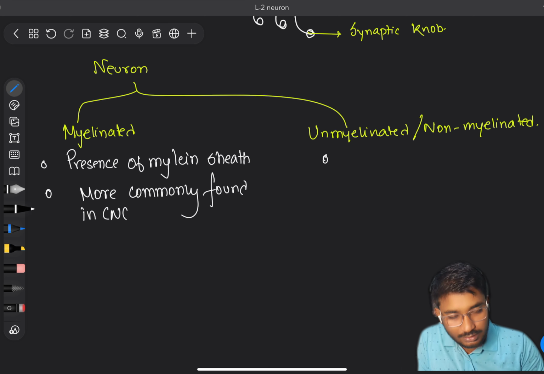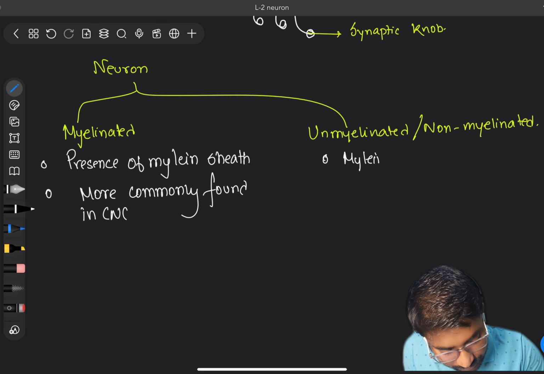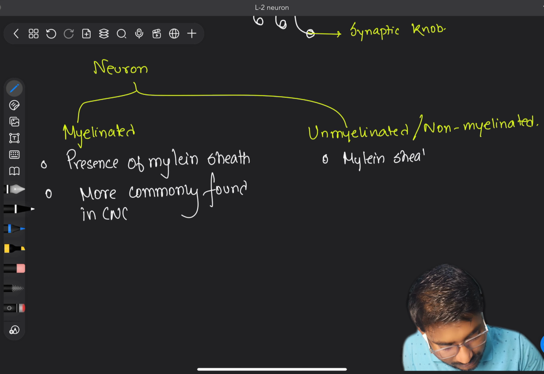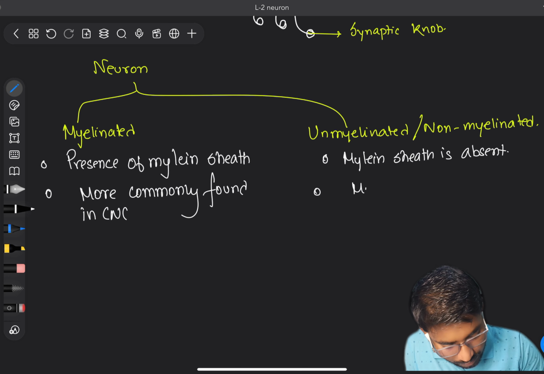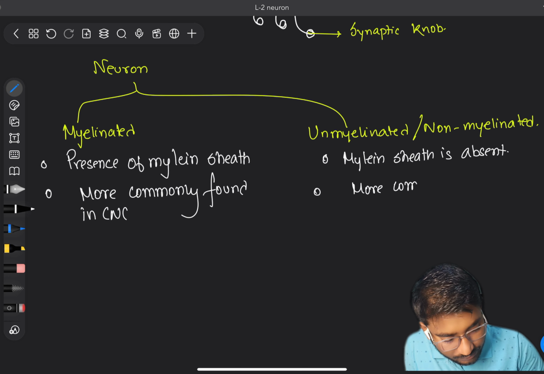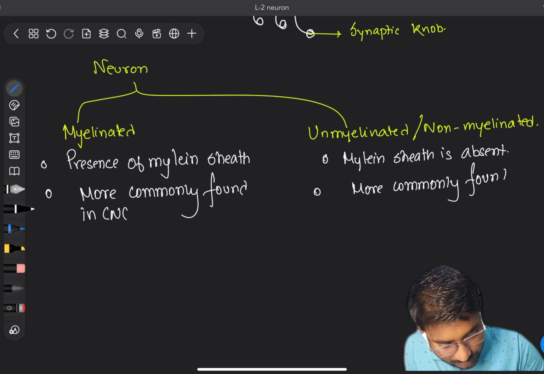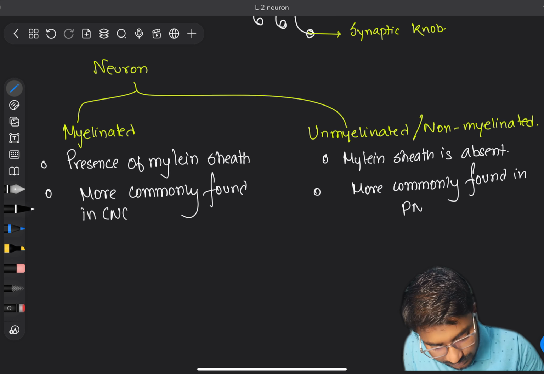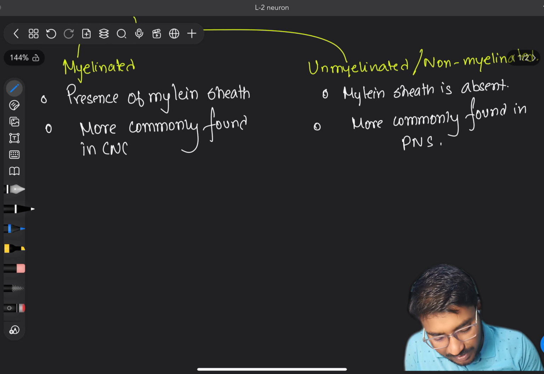In unmyelinated or non-myelinated neurons, the myelin sheath is absent, and they are more commonly found in the PNS.